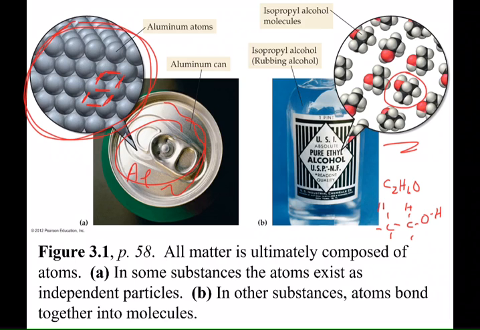These are hydrogens. So that is ethanol, and we're going to call this a molecule. You've probably heard the word molecule. A molecule is a piece of a compound. So all matter is made up of atoms, and all matter has mass and occupies space. We can see that there.